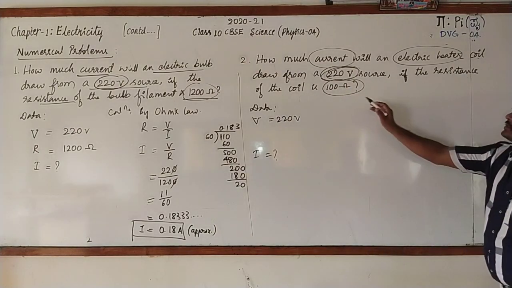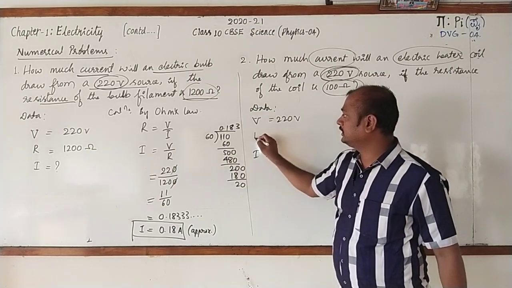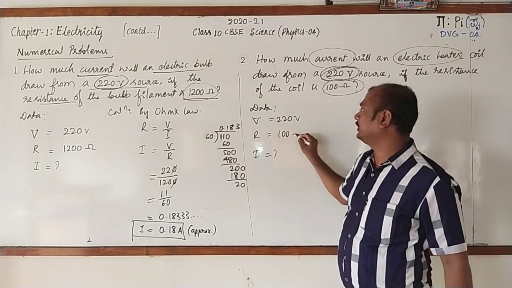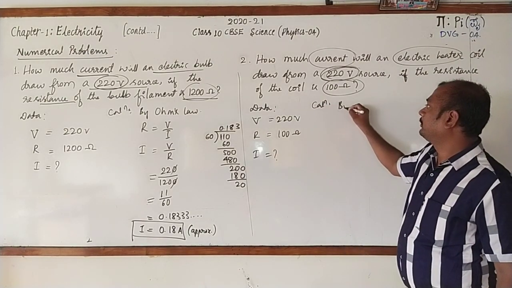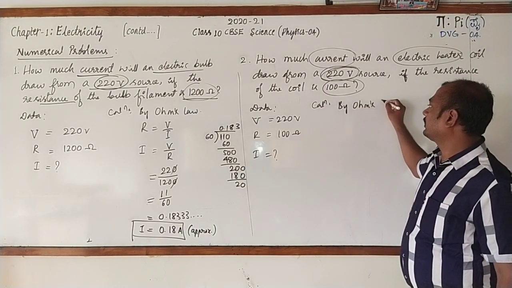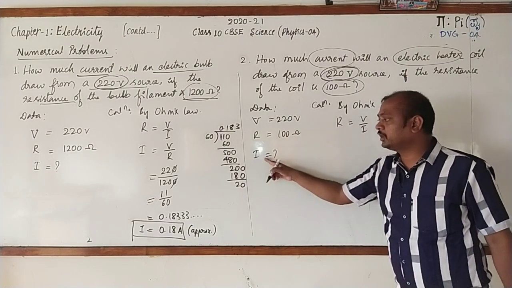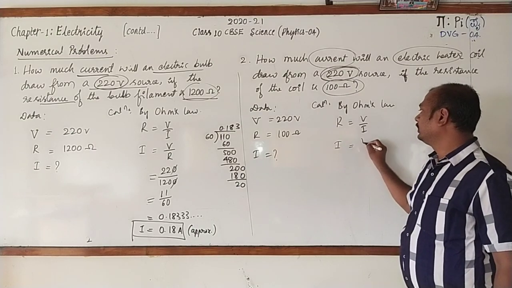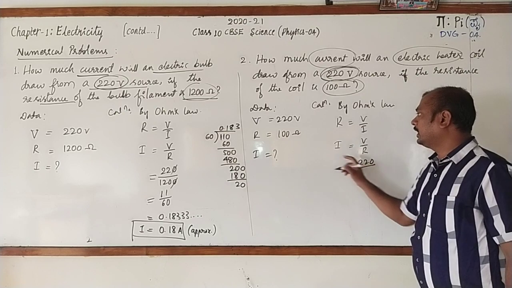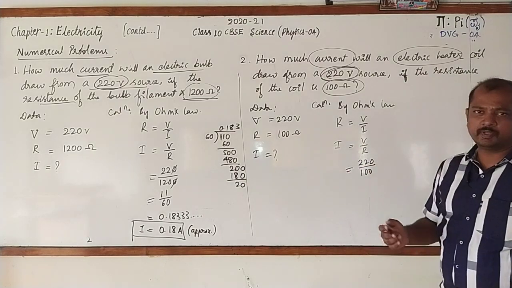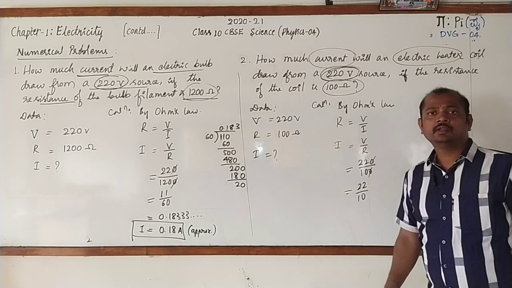Then if the resistance of the coil is 100 ohm, the 100 ohm is electric resistance, R equal to 100 ohm. Again, you can go for using the formula. By Ohm's law, we can write R is equal to V by I, but we want I. I is equal to V by R, where V is 220 and R is 100. It is very simple. 0, 0 get cancelled. 22 by 10.